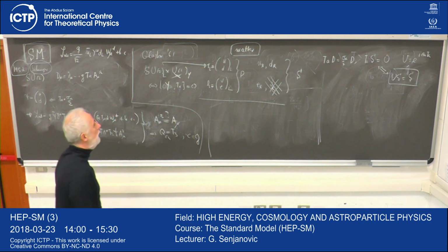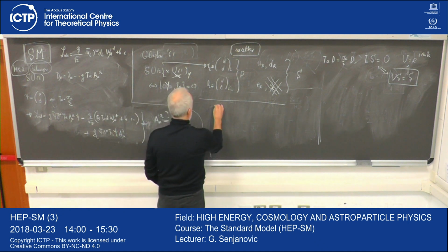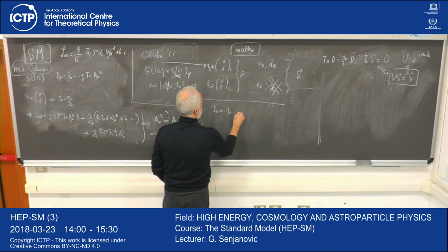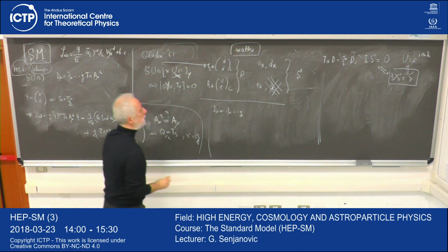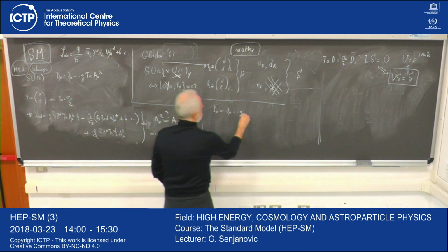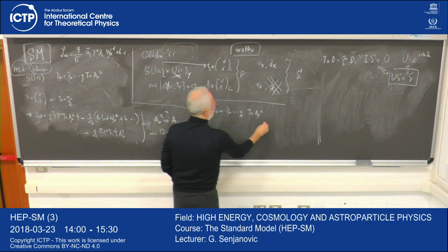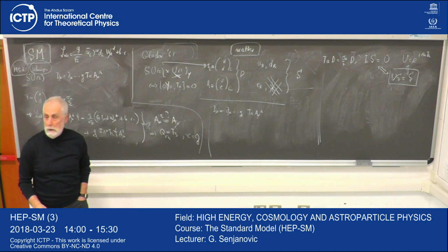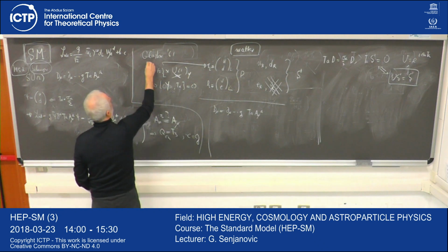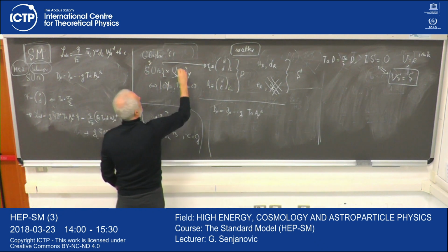Okay, that's what I need. So what I mean by an SU(2) cross U(1) theory is that the covariant derivative is going to look like this: minus i g T^A A_mu^A. This is the SU(2) part. Agree? SU(2) has a coupling constant g.